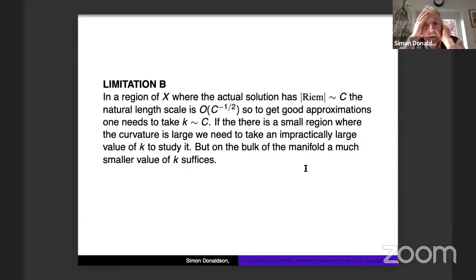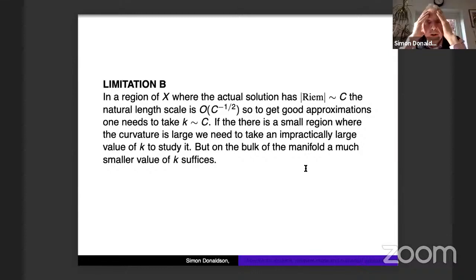That's where, if we scale it up by that factor, the metric will look roughly flat. Combined with what we said before about the link between k and length scales, that means we would need to take k to be roughly of the order of c in order to study that part of the manifold.